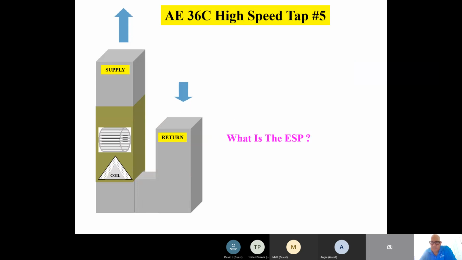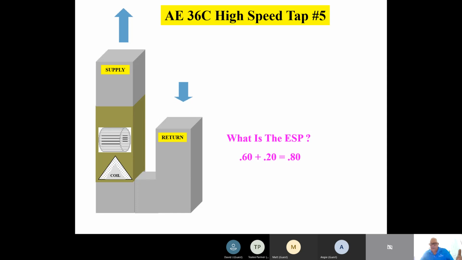Our total static pressure in this example is 0.80. And again, you guys do what you want to do out there, but I like to take my static pressures separately so I can keep track of which numbers are for the supply and which are for the return. So in our example, we've got a 0.6 on supply and a 0.2 on return for a total of 0.80. On this particular job, it looks like we've got some pretty high static pressure on the supply side.